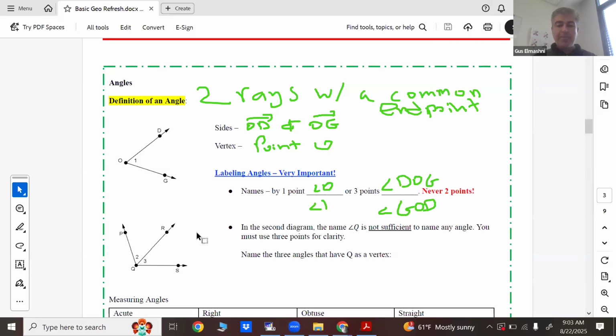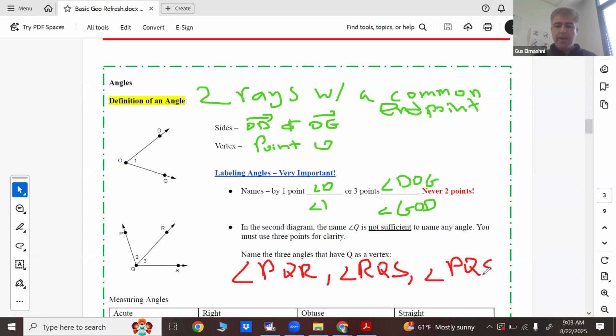So let's look at the next diagram, right? If I say angle Q, that's vague because I don't know which angle is Q. Is it PQR? Is it RQS? Is it PQS? Is it the two small parts or the big part? I have no idea. So I have to be clear about it. You could say angle PQR, you could say angle RQS, or you could say angle PQS.